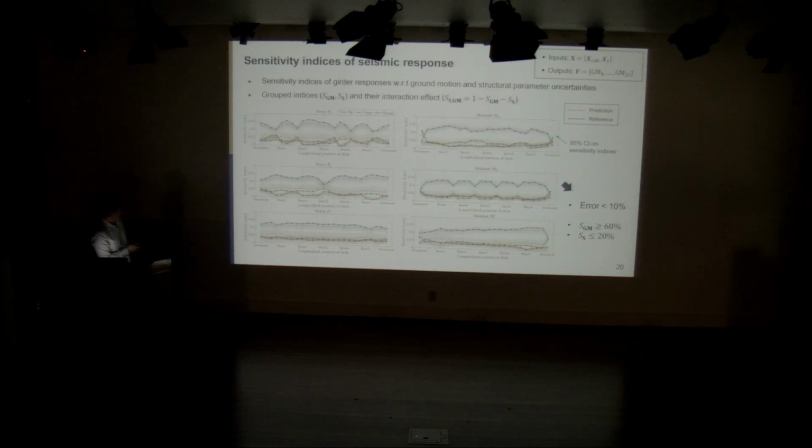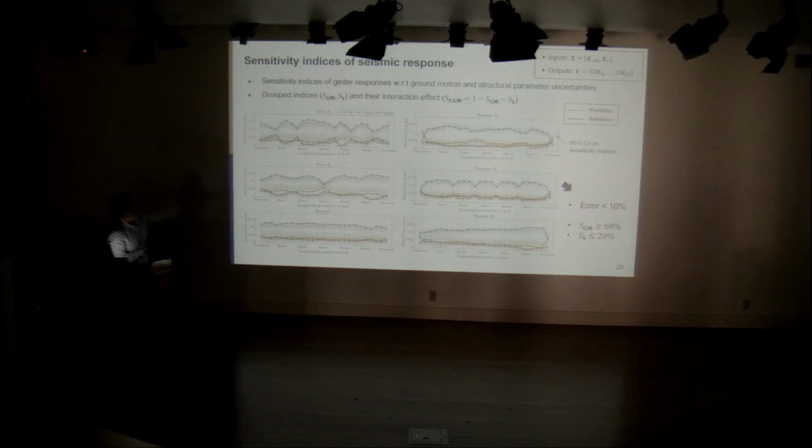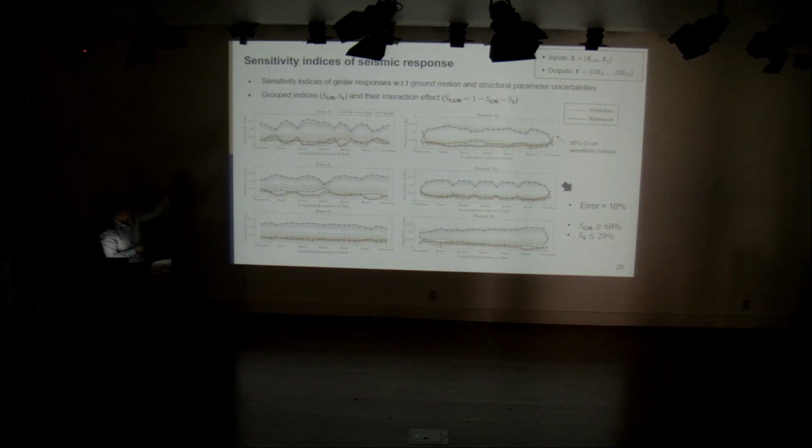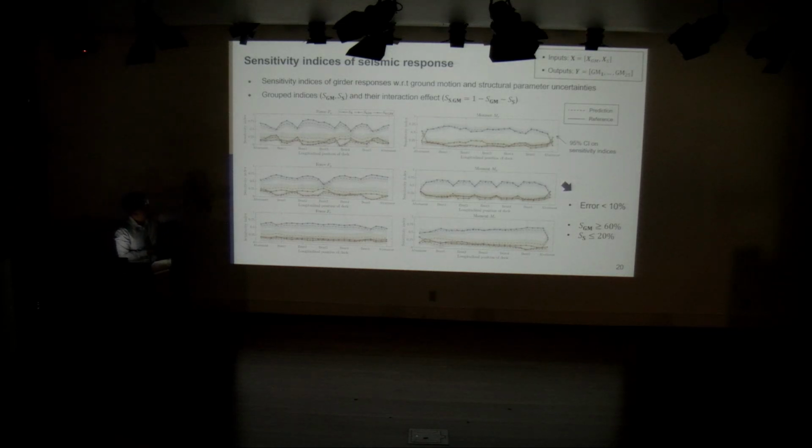And this is the sensitivity analysis result of the seismic response. The first column represents the result for the shear force of the girder, and the second column represents the axial force and bending moments of the girder. In each figure, the blue line represents the ground motion sensitivity, the red line represents the structural parameter sensitivity, and the yellow line represents their corresponding interaction effect. In this figure, we can find that the ground motion sensitivity is much bigger than the structural parameter sensitivity.